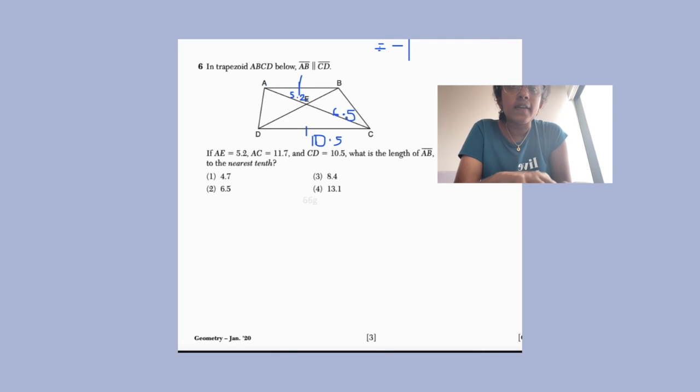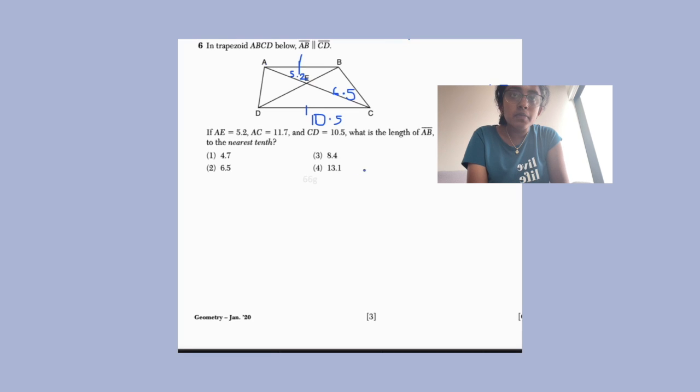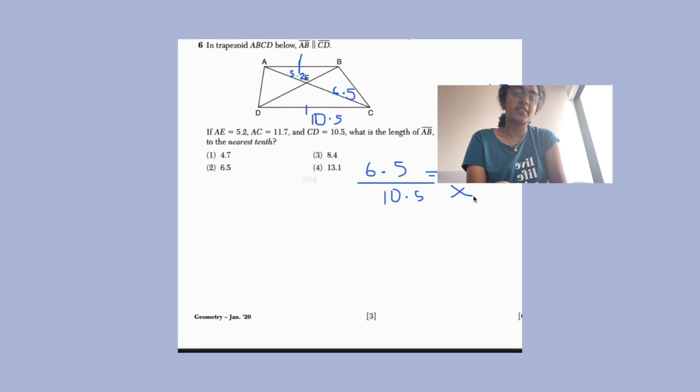6.5. Okay, so we know that these two triangles are similar triangles. Because of that, you just have to do a simple ratio and proportion. We got 6.5 over 10.5 equals x over, wait, no, we would do 5.2 over x.